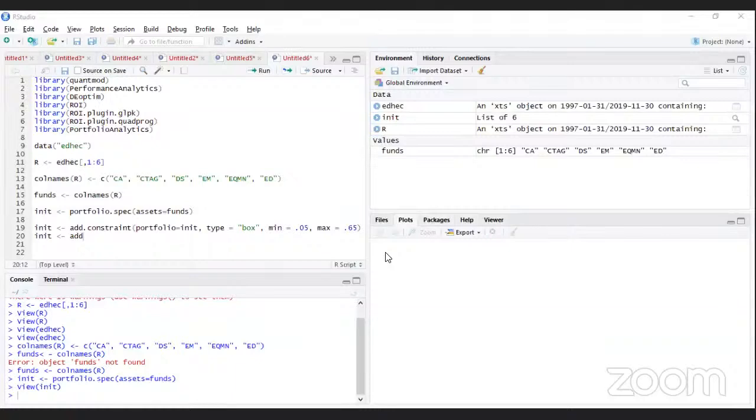Weight sum, I don't want to use weight sum because then it will... can the sum of our weights be equal to 0? What do you think? Can we have a constraint where we are specifying our weights to be 0?